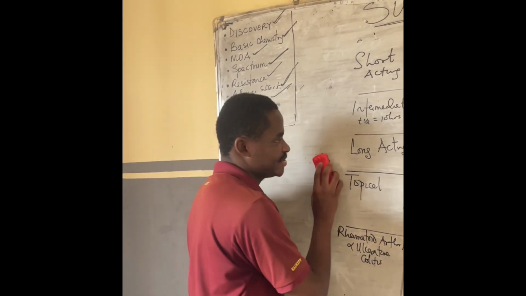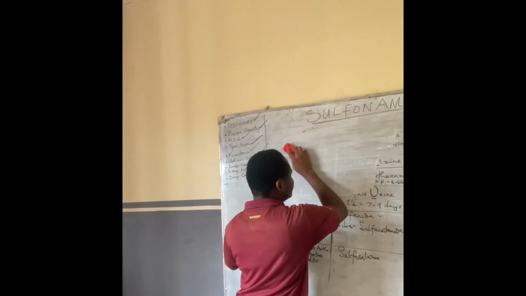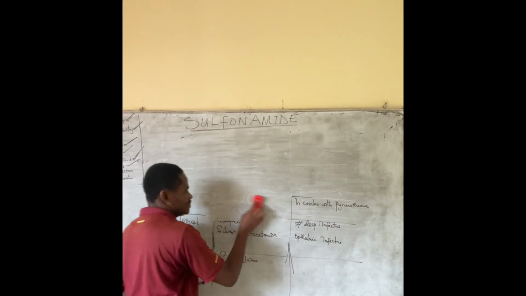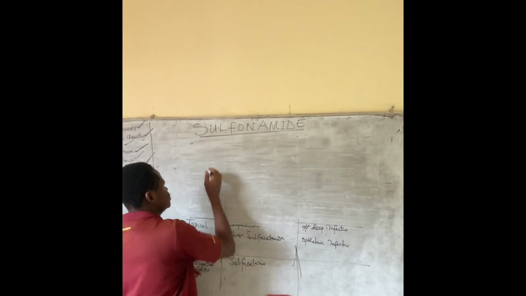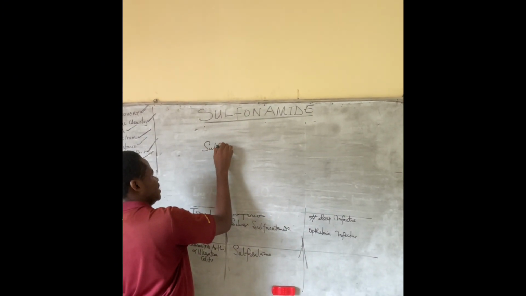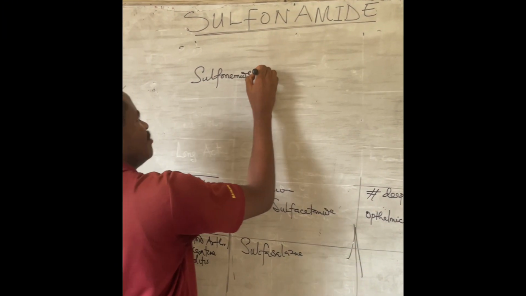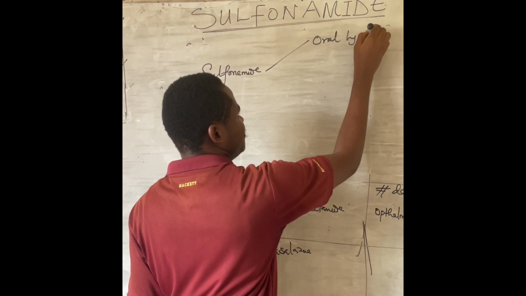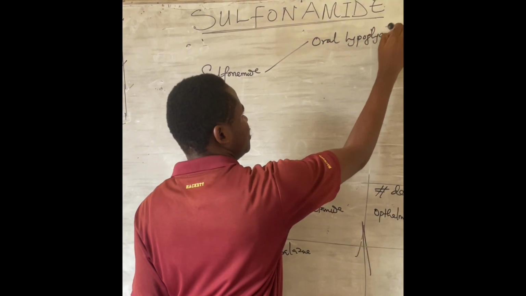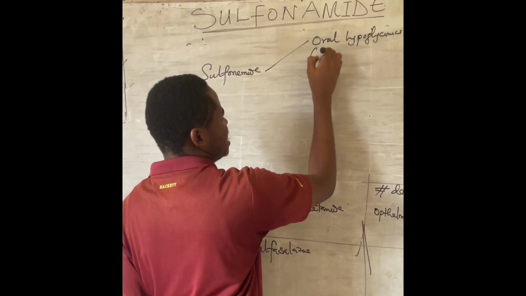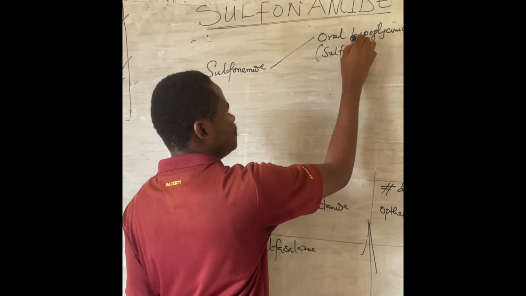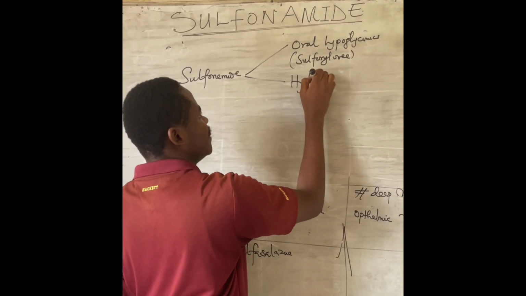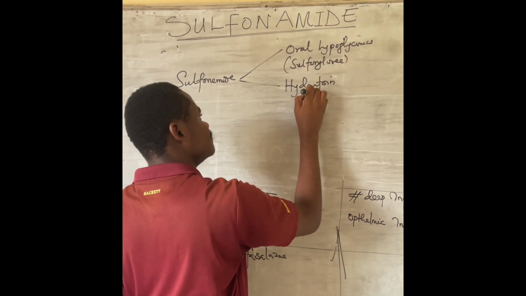Now let's look at the drug interactions. Sulfonamide can make combination with the following drugs: oral hypoglycemics, okay, drugs like sulfonylureas, and you can also include phenytoin, anticonvulsants.